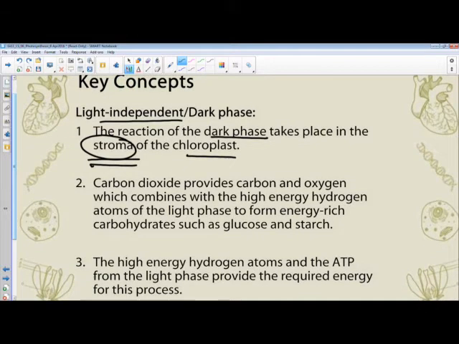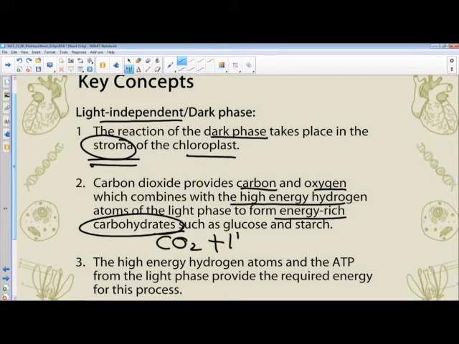Carbon dioxide provides carbon and oxygen, which combines with the high energy hydrogen atoms from the light phase to form energy rich carbohydrate. Essentially, it is the CO2 plus the water with the energy from the ATP that produces C6H12O6. I'm skipping a few steps.